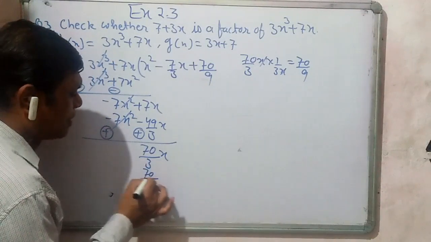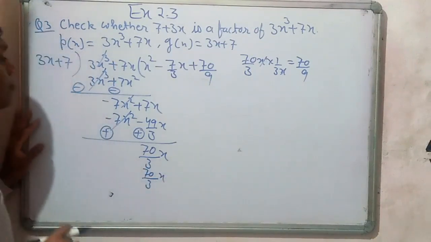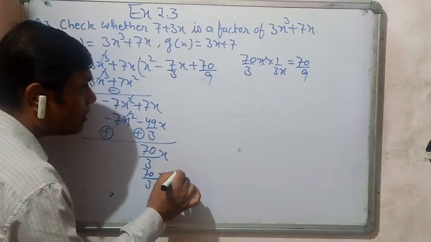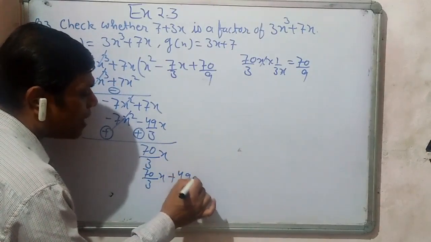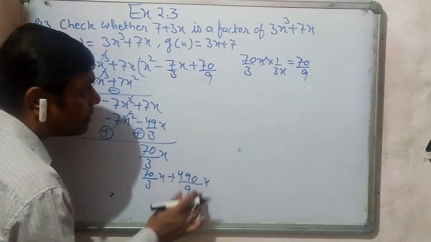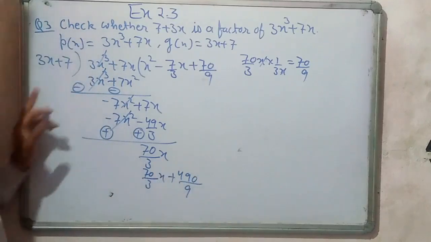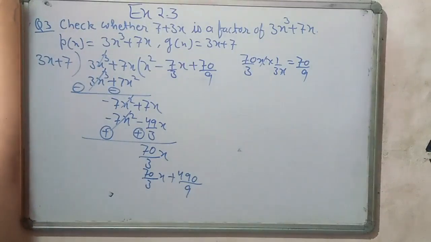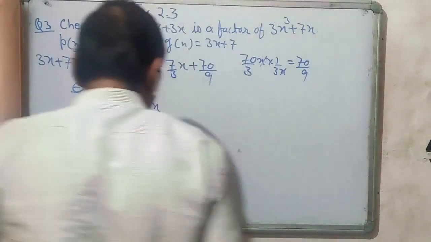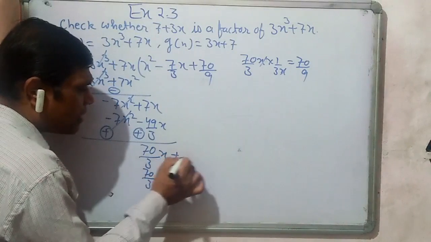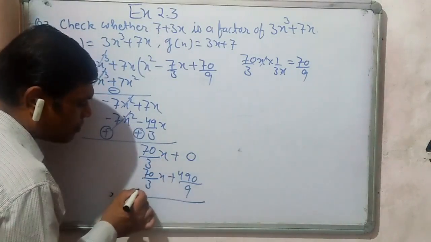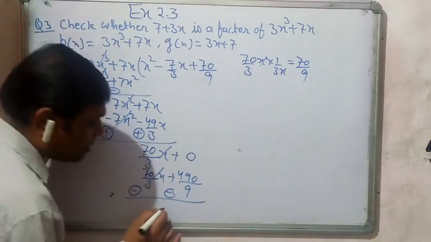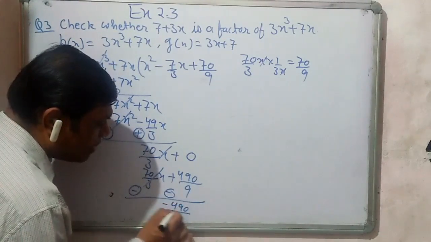This 70 upon 3 x plus 7 into 70 is 490 upon 9. No x is there. What is the term over here? Let us write it 0. Can we cancel it? What is the remainder? Minus 490 upon 9.